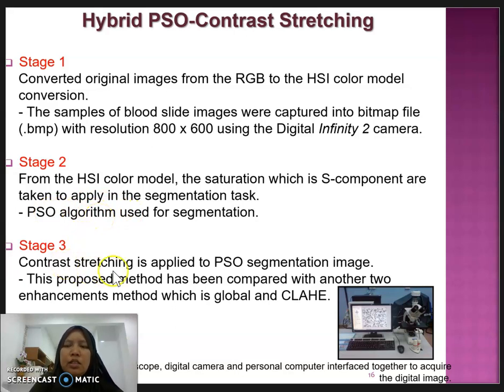And the last stage, contrast stretching is applied to the PSO segmentation image. After that, the combination of stages 2 and 3 gives what we call the proposed method, which we will compare with two standard enhancement methods, which are global and CLAHE.